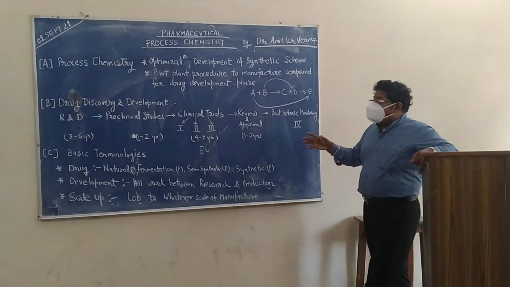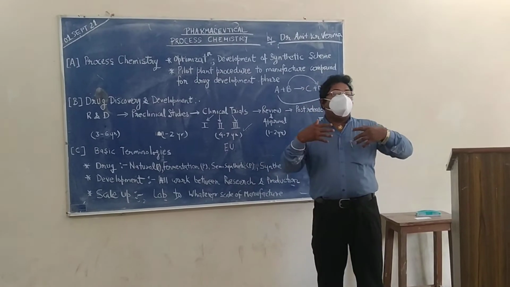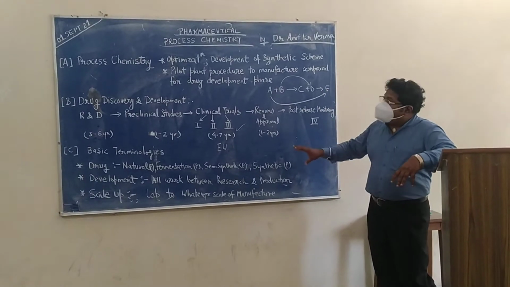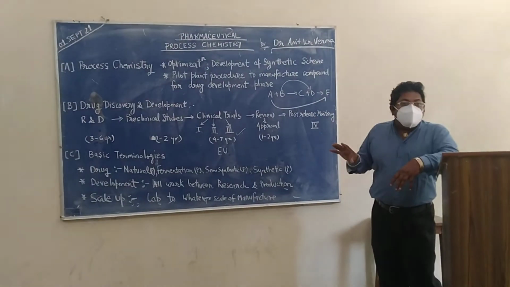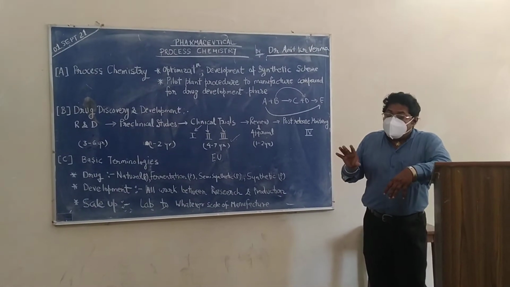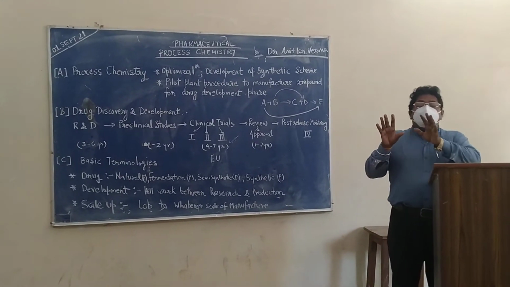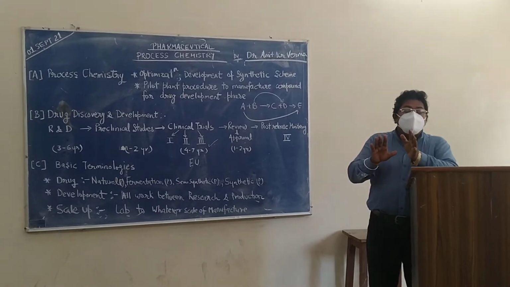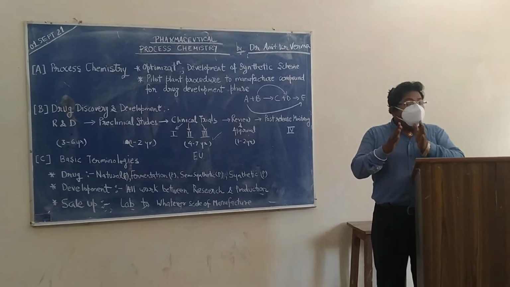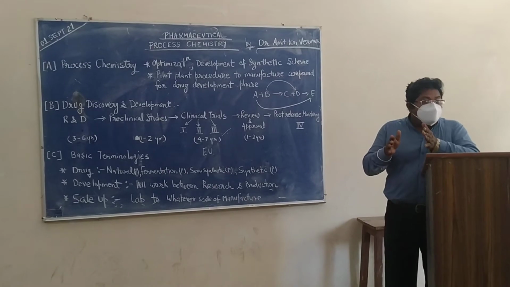Now, after you understand these basic terminologies, many more terms will also come, and we will discuss those too. So in a nutshell, what we are trying to say in this lecture is that, with respect to the pharmaceutical industry, we are manufacturing chemicals, intermediates, and many compounds.